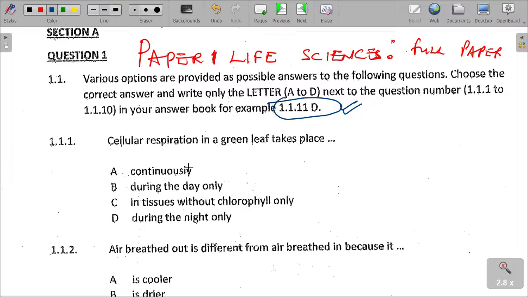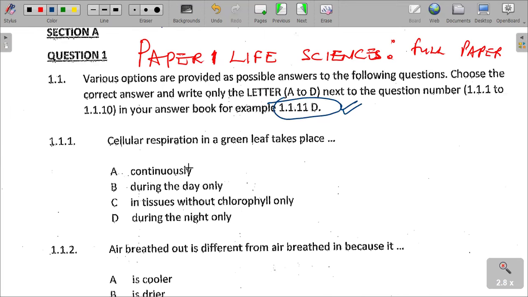So first question, cellular respiration in green plants, in a green leaf, takes place: A, continuously; B, during the day only; C, in tissues without chlorophyll only; D, during the night only.